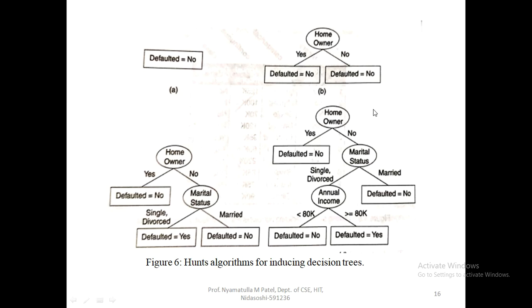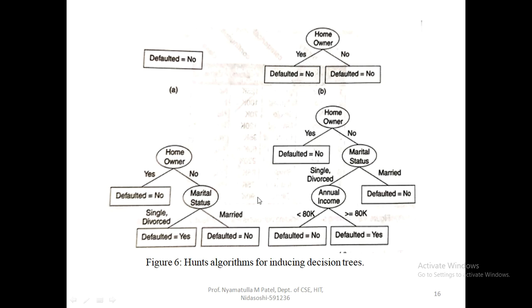It does not consider whether a particular person has taken the loan or whether he has repaid the loan. Repaying the loan does not depend on whether he is a homeowner or not. So the defaulted condition for both here we are taking as no.